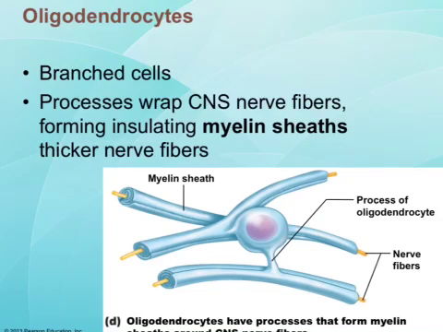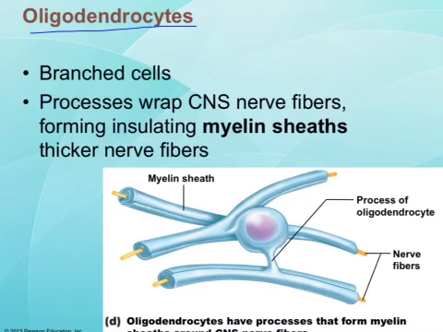The last glial cell in the CNS is the oligodendrocyte. Remember, it's the CNS here. Oligodendrocytes form myelin for the axon in the CNS. Here what you see is one cell, because you see one nucleus.